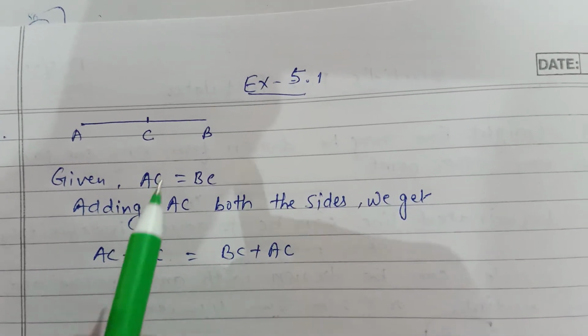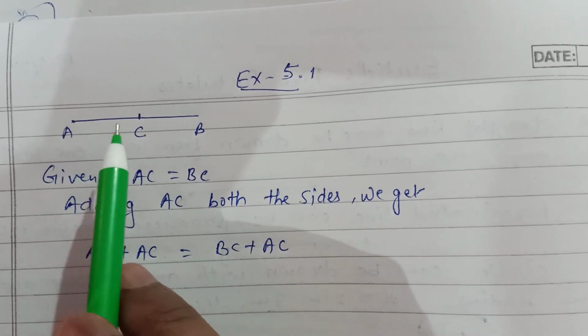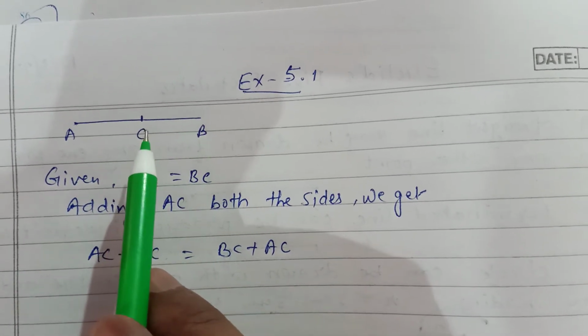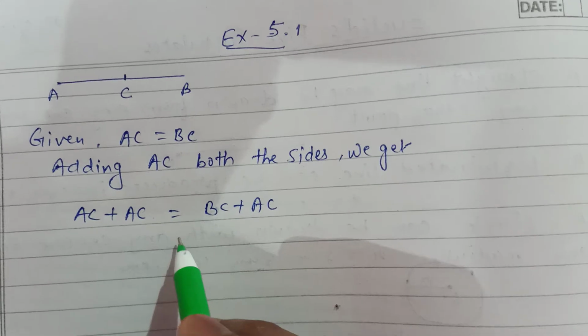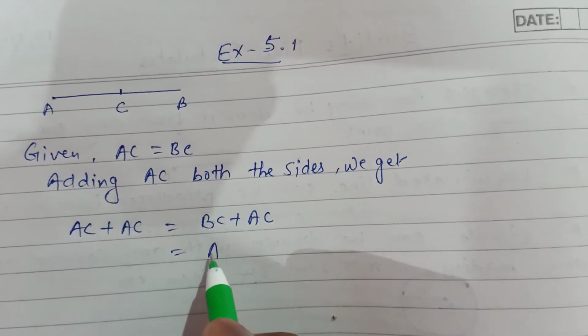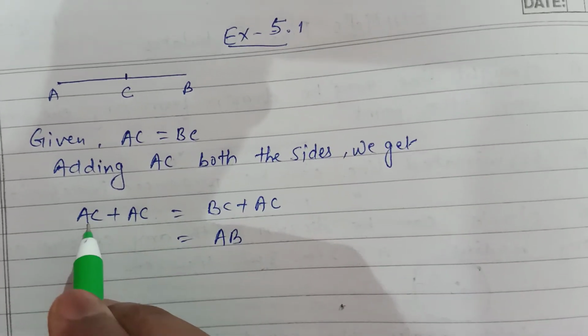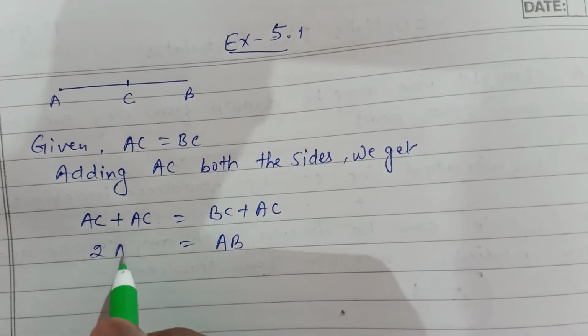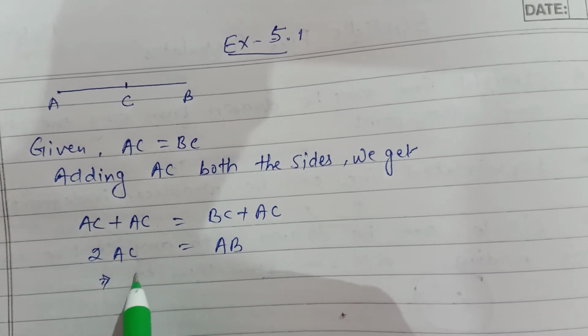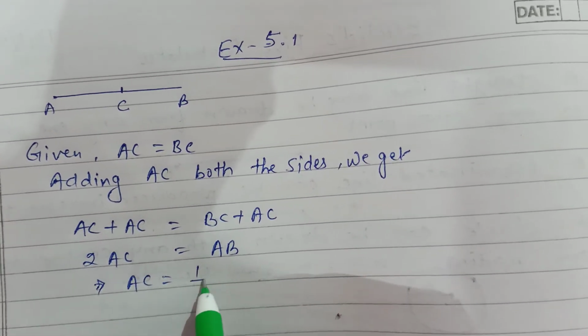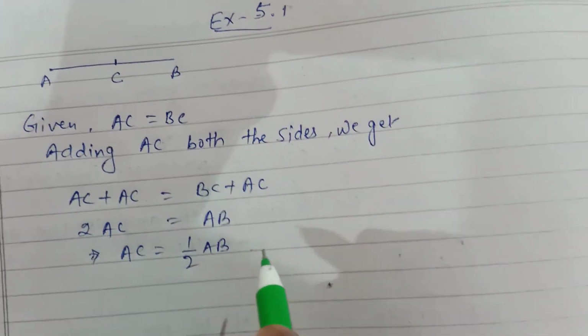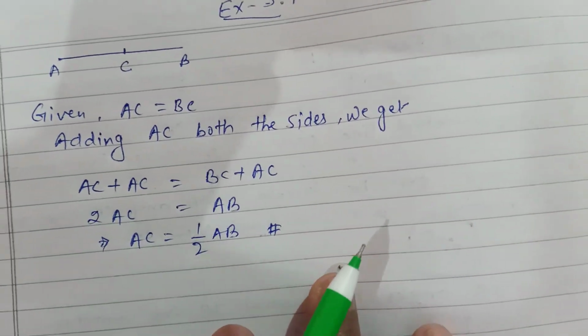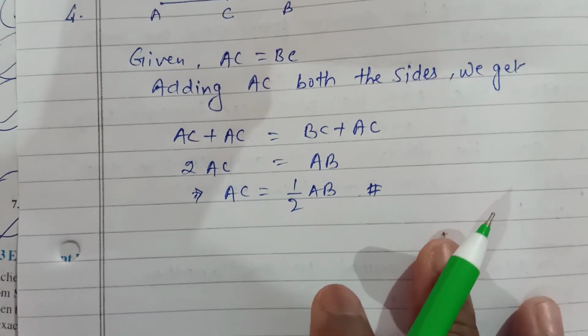Now you see again, AC plus BC equals AB. So BC plus AC equals AB, and AC plus AC is 2 AC. Therefore AC equals 1 by 2 AB. We proved. Okay. So the first solution is done.